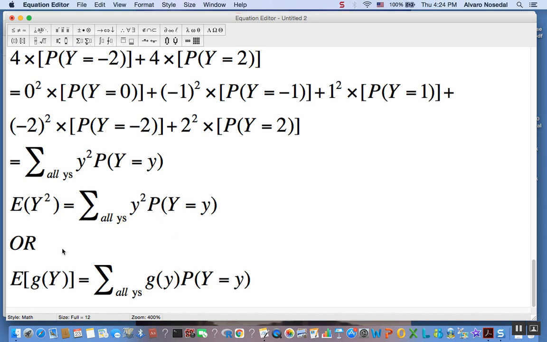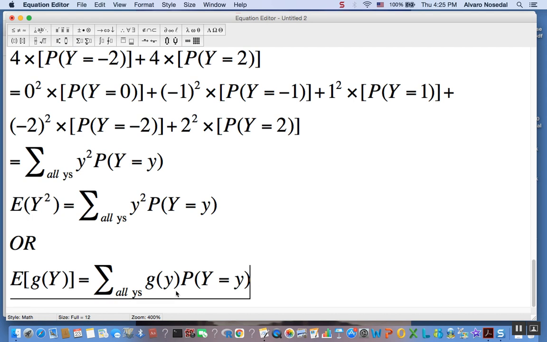right? But in general, it turns out that if you're looking for the expected value of g of y, where g of y is a function of your original random variable, what this is telling you is, don't worry, you don't need that intermediate step. You don't need to find the probability distribution of your transformation and then find the expected value.